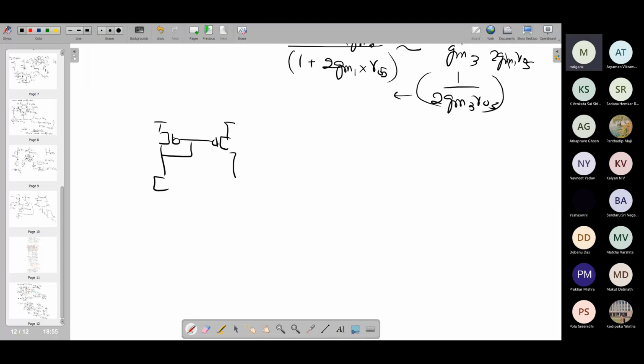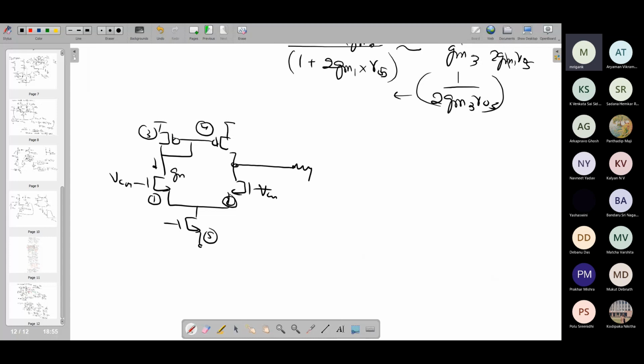So if you're applying a common mode signal to both the gates, which are basically identical, suppose VCM, VCM, and both are going up together, what will happen? This will be, suppose, M1, M2, M3, M4, M5. And here the net output impedance is again RO4 parallel RO2. That's what we have seen.